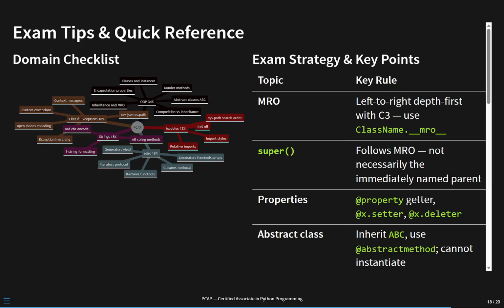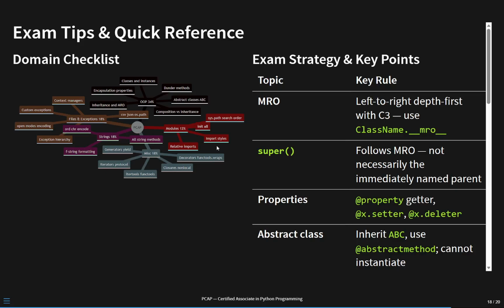Files and exceptions at 18%: open modes, encoding, CSV, JSON, os.path, the exception hierarchy, custom exceptions, and context managers. Modules at 12%: import styles, __init__, __all__, relative imports, and the sys.path search order.